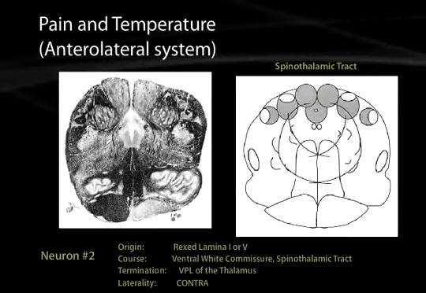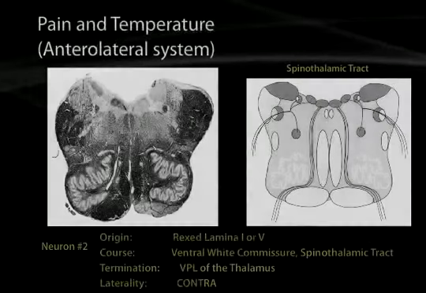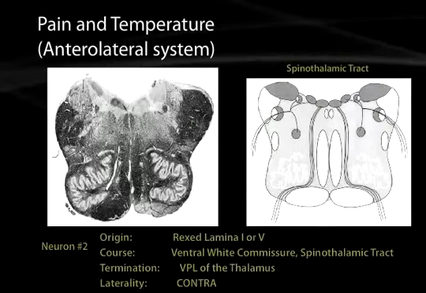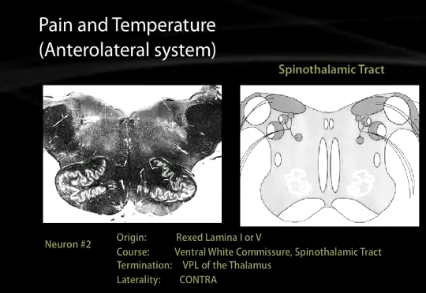Here it is represented in green. Let's follow it as we go further superiorly in the brainstem. So there it is right near the inferior olivary nucleus as we ascend. Again, there it is in the medulla, spinothalamic tract.